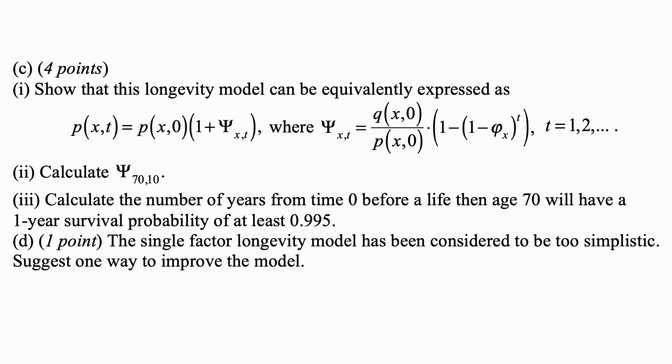Then calculate psi 70,10, and then calculate the number of years from time 0 before a life age 70 will have a 1-year survival probability of at least 0.995.